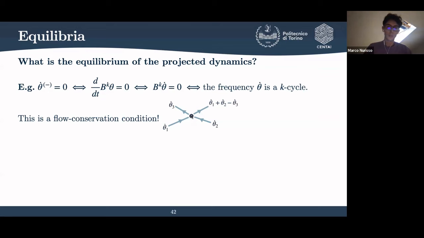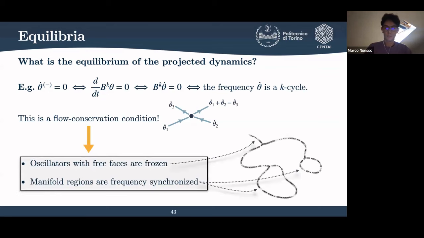And you can use this interpretation to explain some behavior of the model. For example, you can prove from this that oscillators with free phases must be frozen. And this explains why this branch of the complex actually dies out in the oscillation after some time, because it has a free phase, a node which only belongs to one edge.